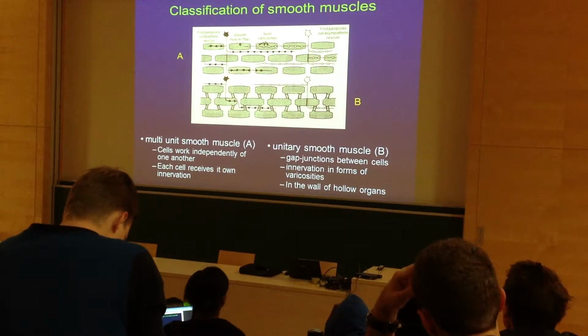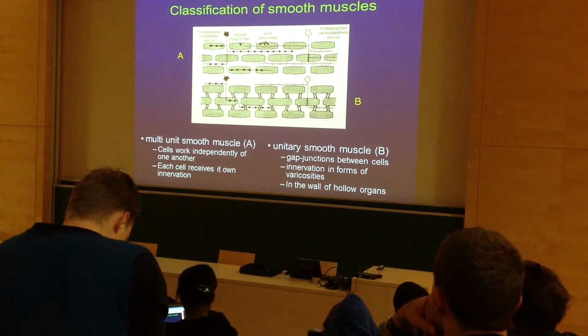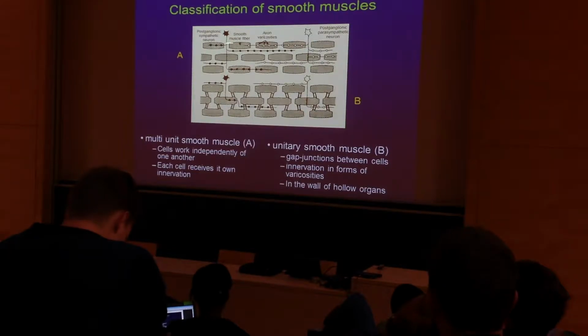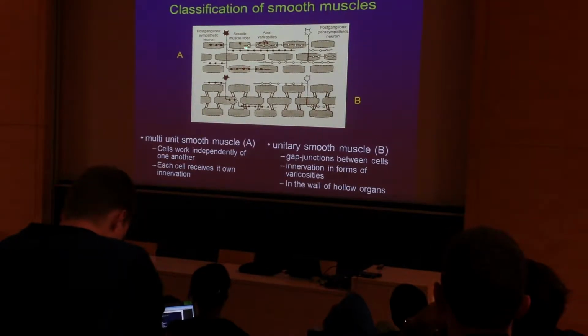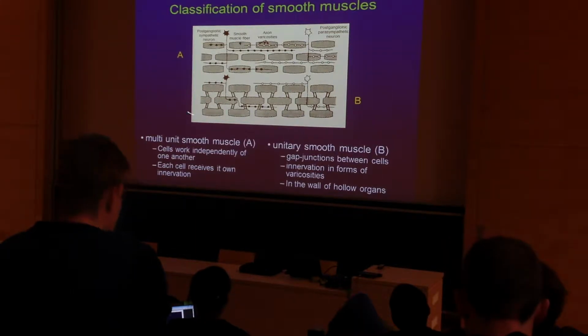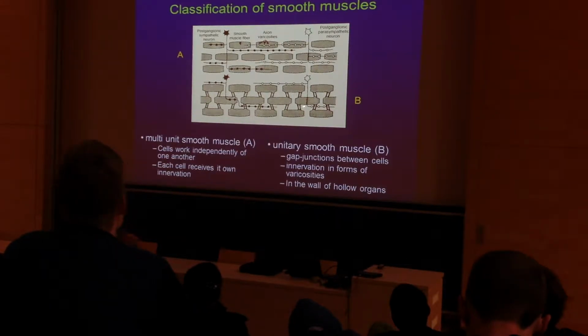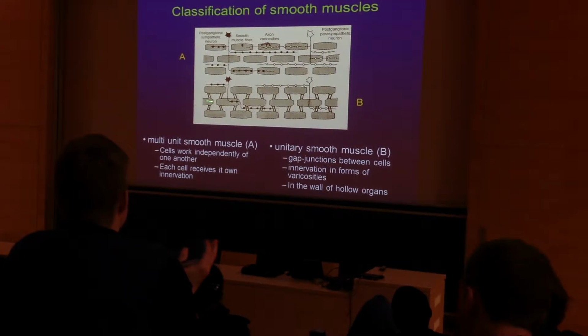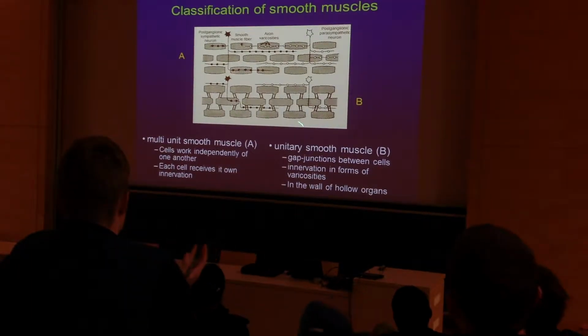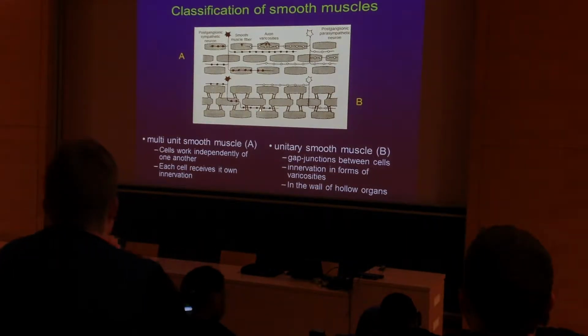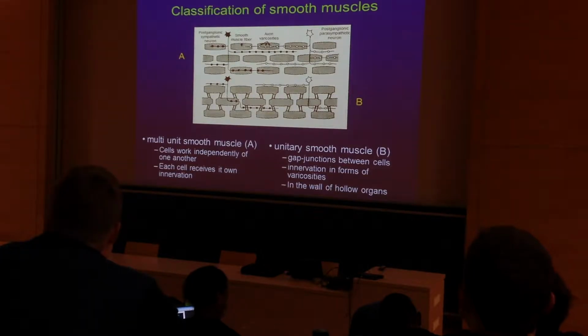So this would be a theoretical multi-unit system with independent cells, each and every cell receiving its innervation, whereas this would be the visceral muscle with the cells connected by gap junctions, and certain cells don't get innervated. Rather, they would receive the stimulation coming via the gap junctions.